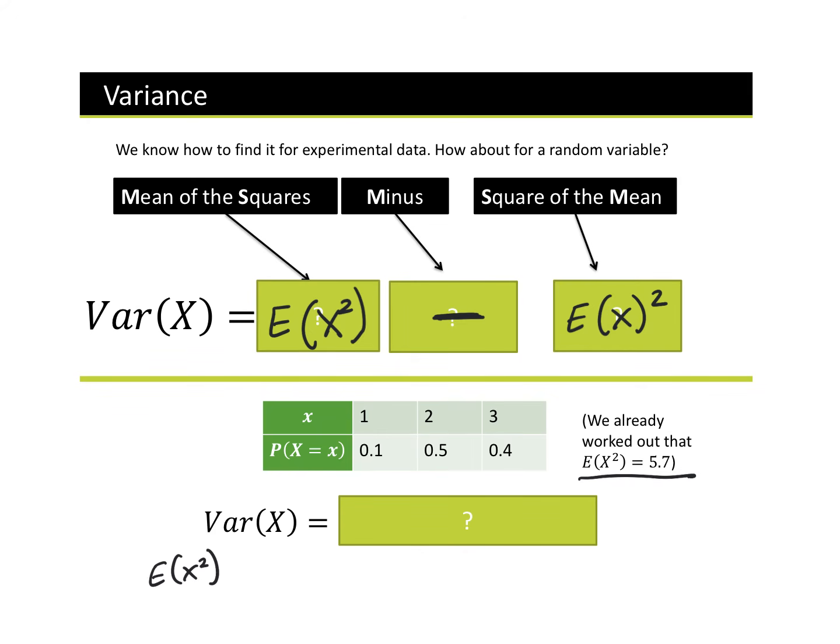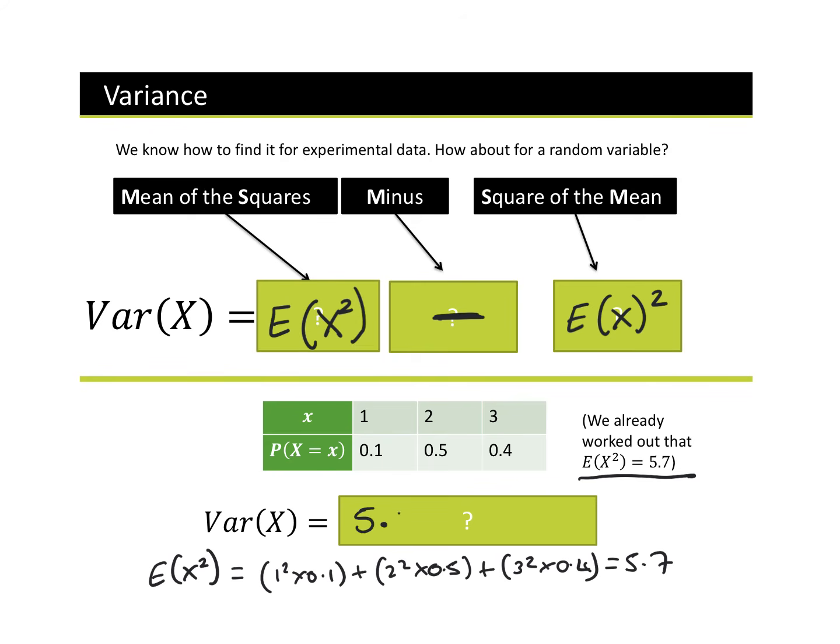So our expected value of x squared is going to be 1 squared times 0.1 plus 2 squared times 0.5 plus 3 squared times 0.4. And this is going to give us 5.7.